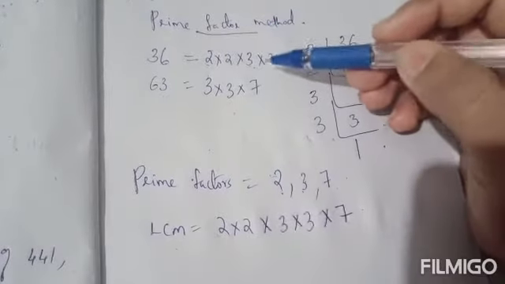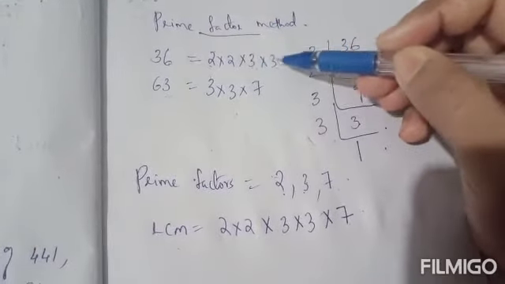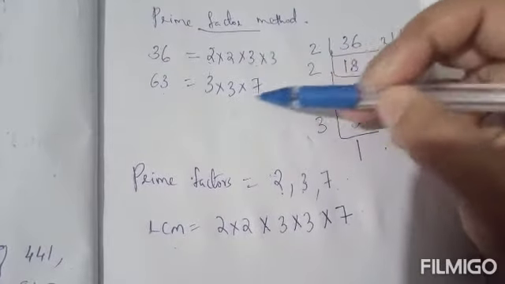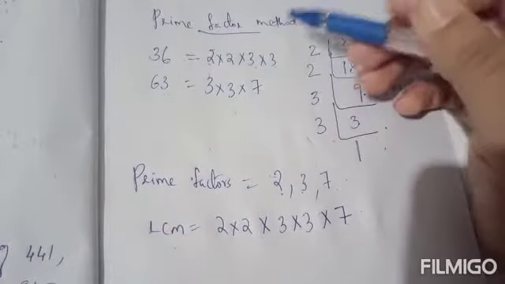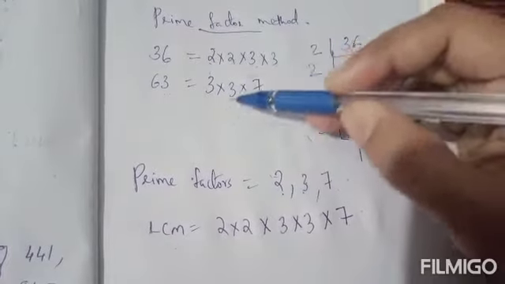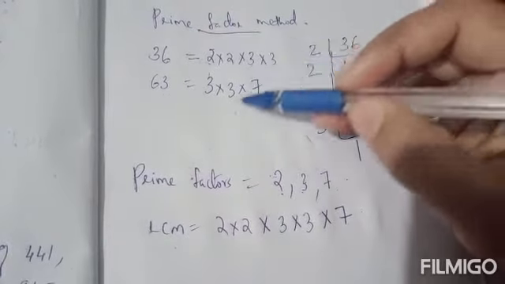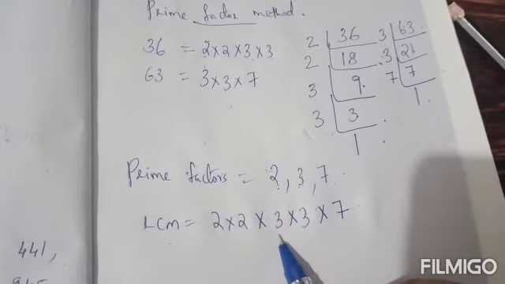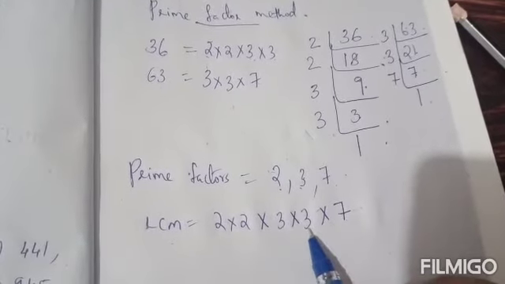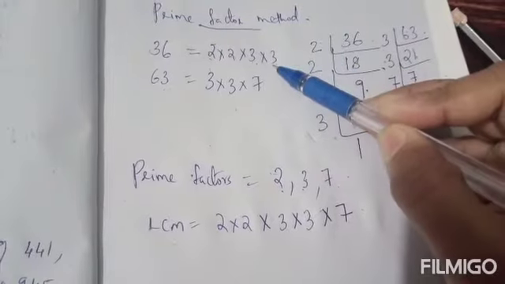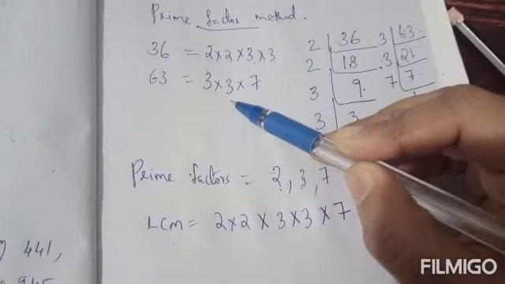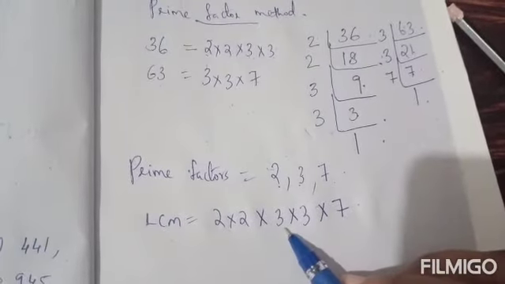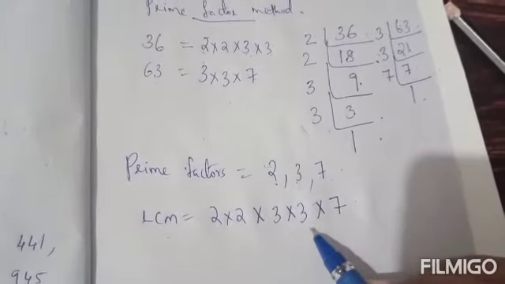Now 3 is coming 2 times in 36 and 63. Since 3 is coming an equal number of times in both the numbers, it will come the same number of times in their LCM also. Here 3 is coming 2 times, here also 3 is coming 2 times, so in their LCM also it will come 2 times.